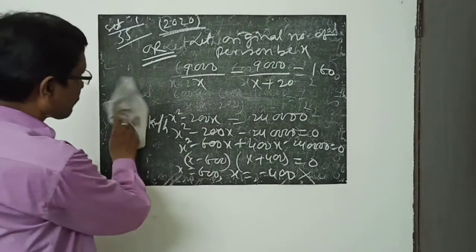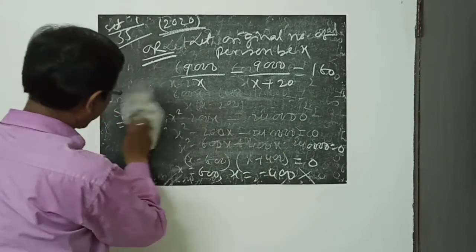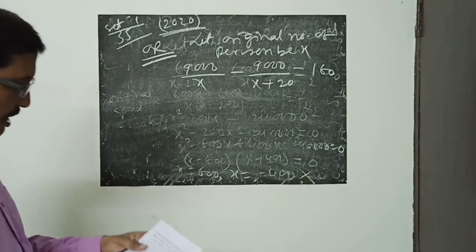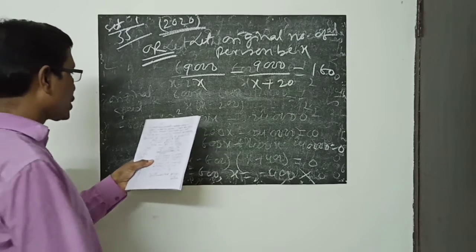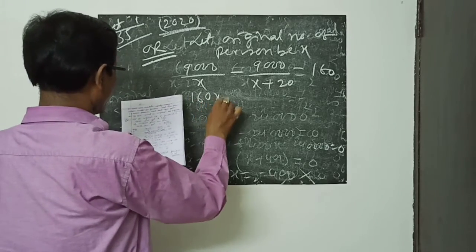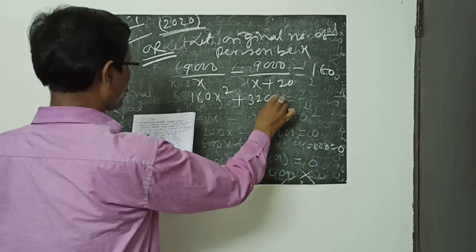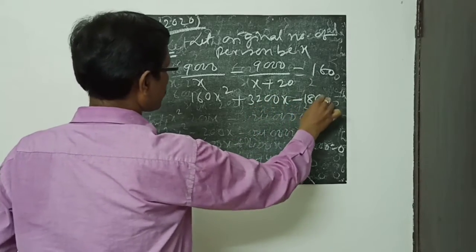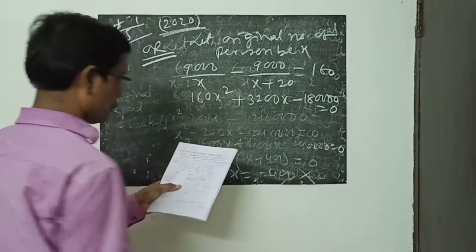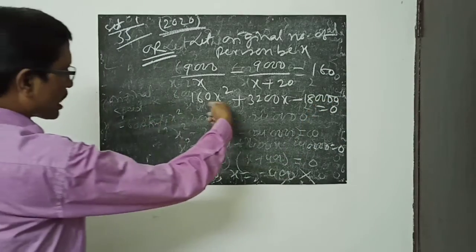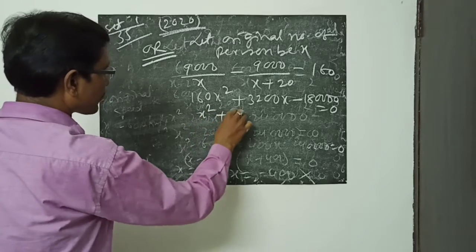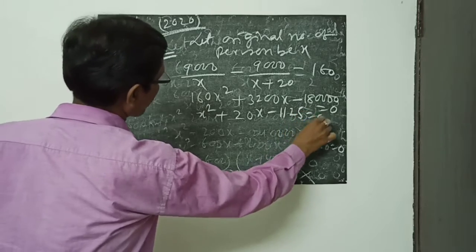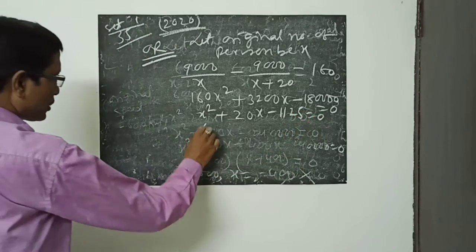Same process: if you solve this by cross multiplying, you will get the equation 160x square plus 3200x minus 1840 equal to 0, or dividing by 160, x square plus 20x minus 1125 equal to 0.